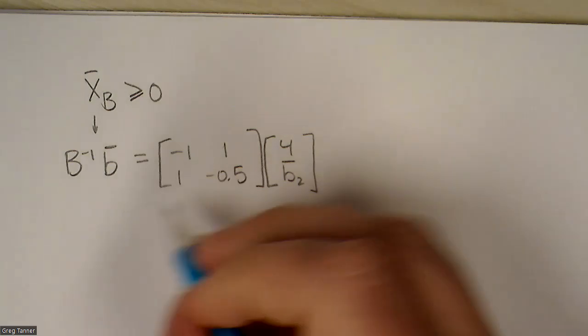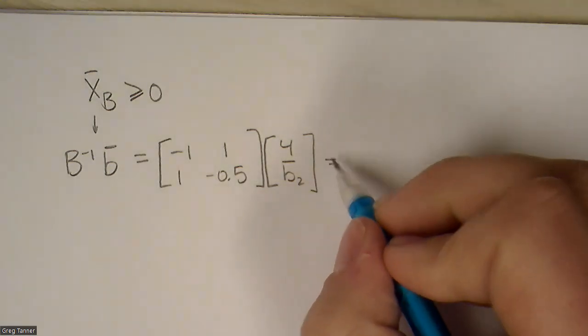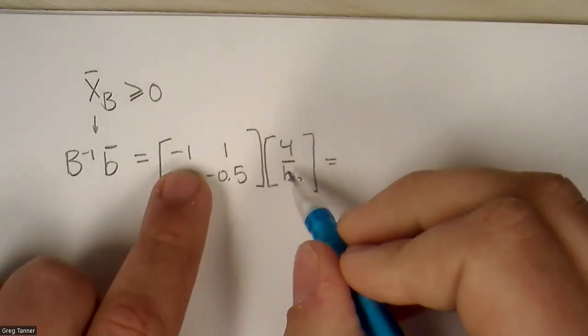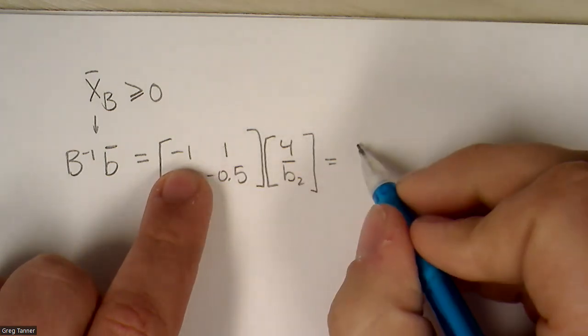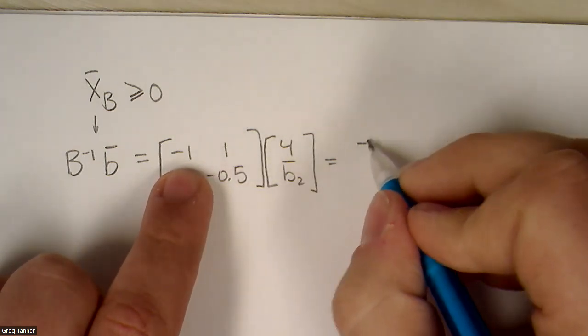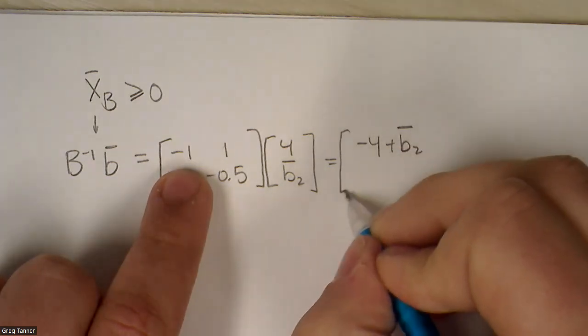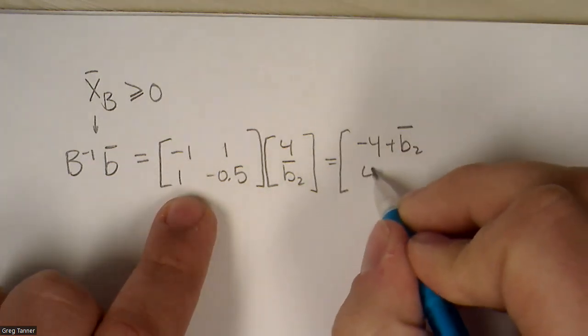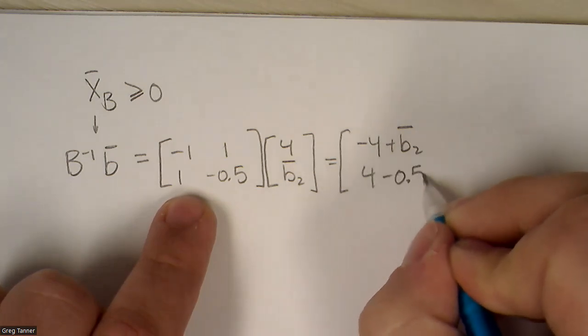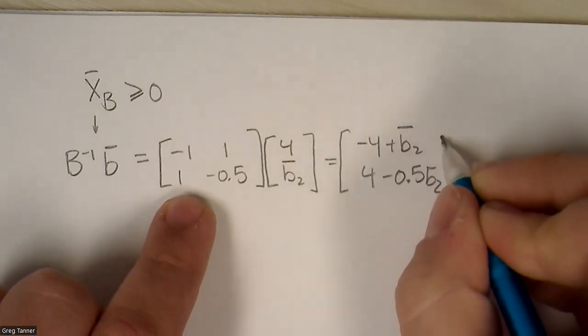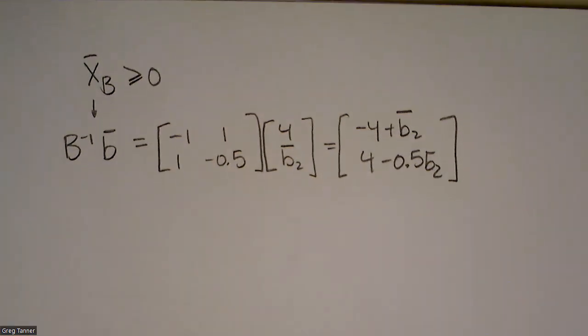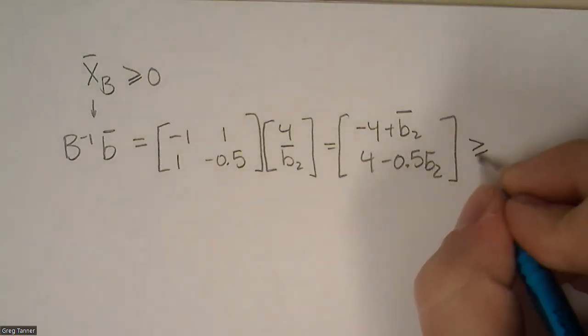So we want this to be greater than or equal to 0. Let's go ahead and compute out what this is. We'll do the matrix multiplication, and for the first entry, we'll get -4 plus B2 bar, and for the second entry, we'll get 4 minus 0.5 B2 bar. Okay, and we need that to be greater than or equal to 0.